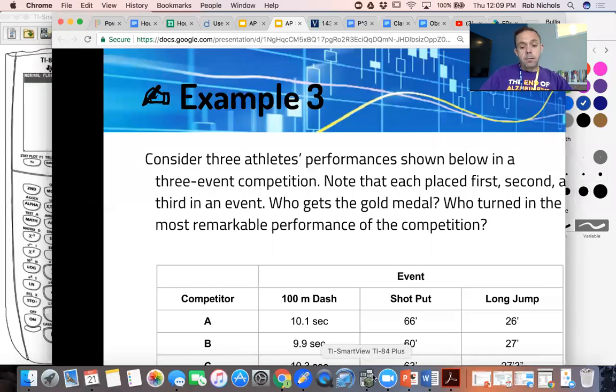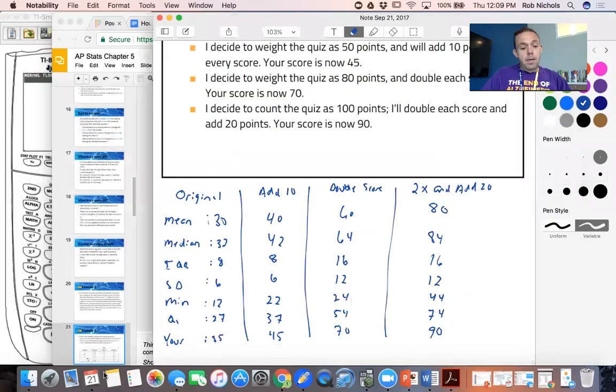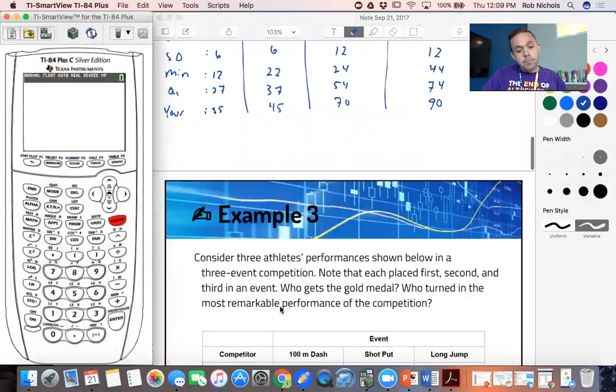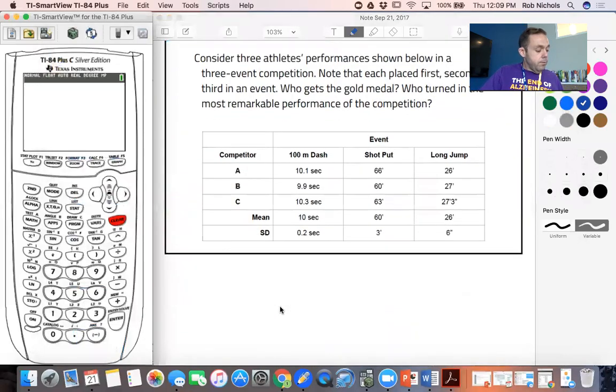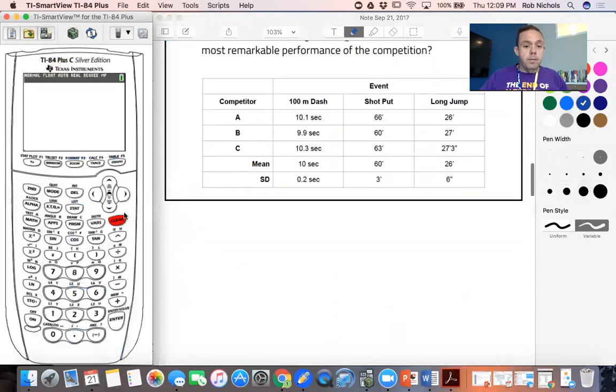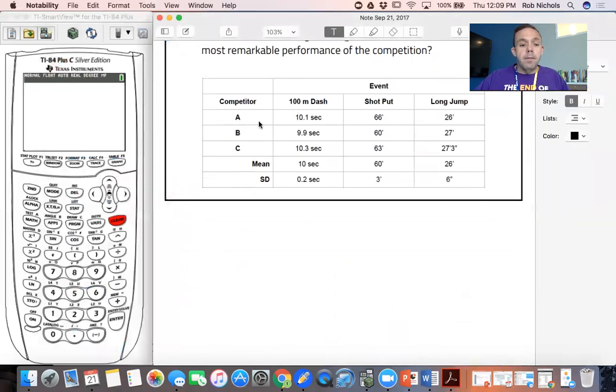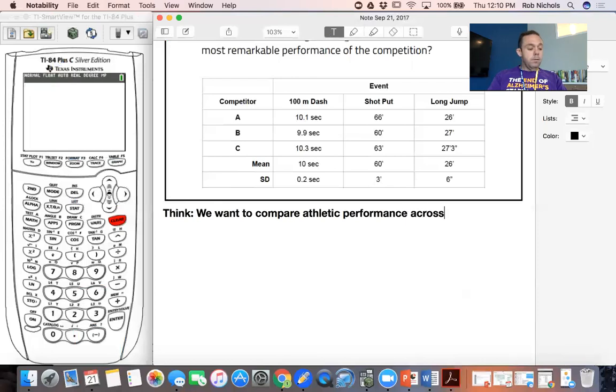Okay, so let's go back to Notability and Calculator just in case. What we're going to do first, and I'm going to kind of model what we're doing here, is step 1, think. Remember, this is the first step, think. So we want to compare athletic performance across several different events.